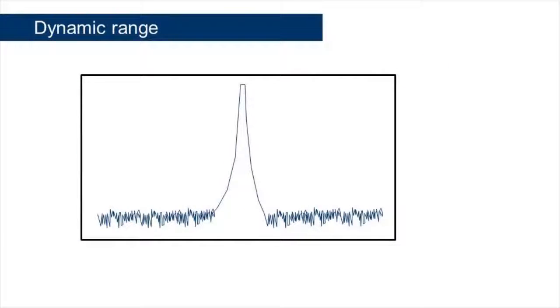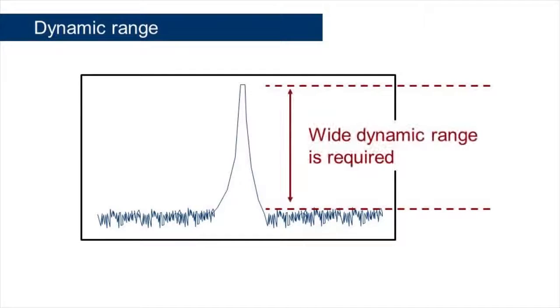Another key parameter is dynamic range. The dynamic range of the analyzer is important, especially when measuring filters that need simultaneous characterization of the pass band at the high power level and the stop band at the very low power level. Let's do the filter measurement and compare the result.